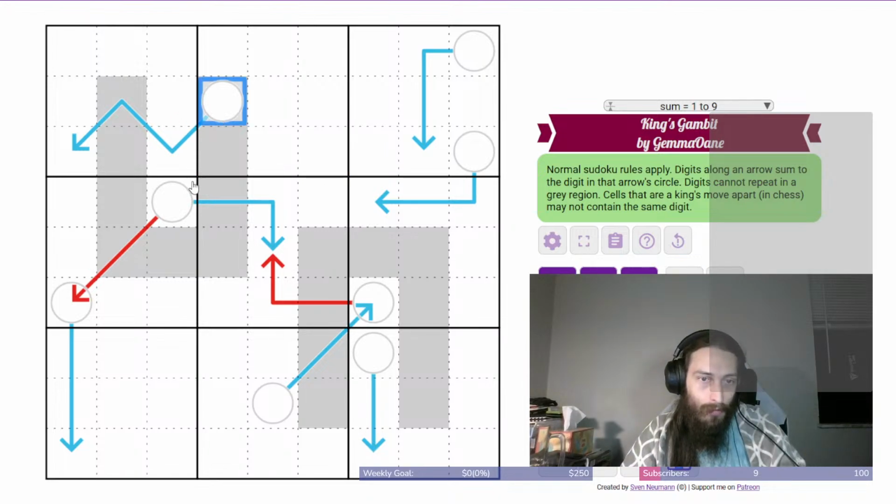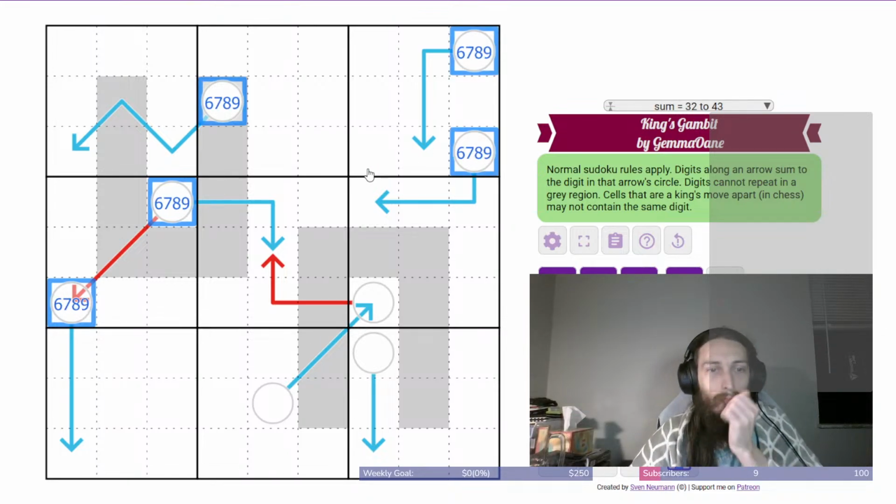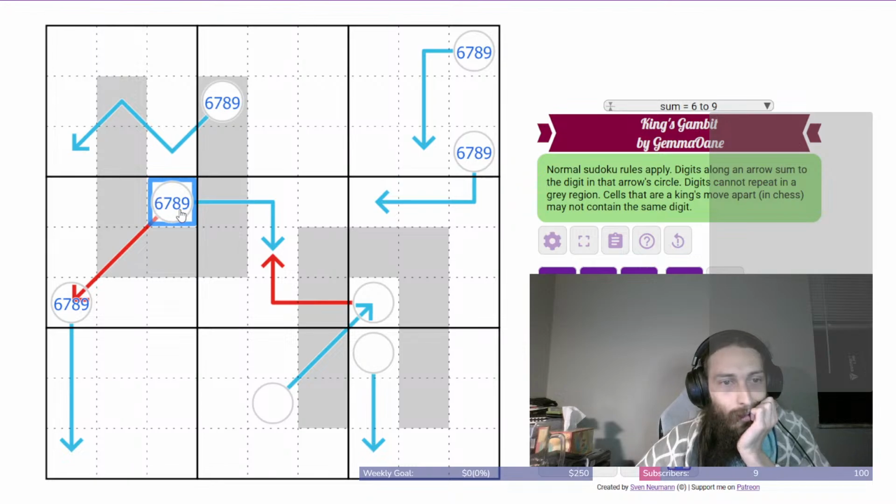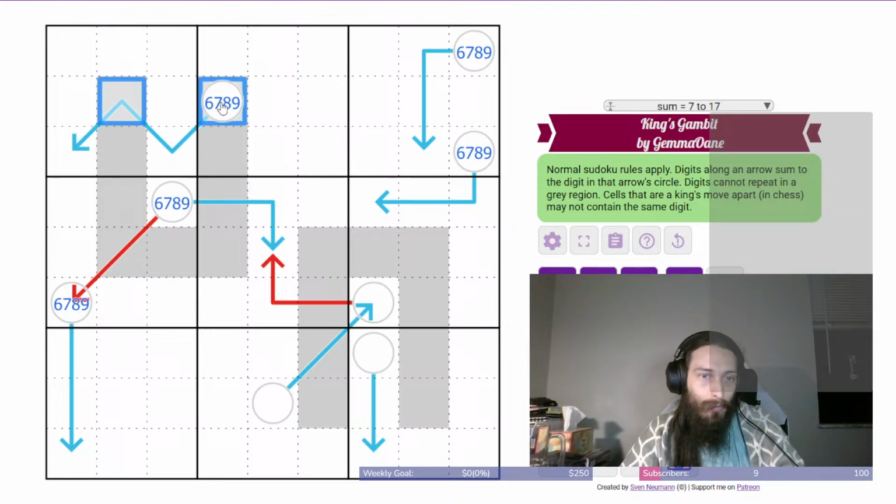Well, these all have 3 cells for their arrows, so 6, 7, 8, 9. And this cannot repeat in a king's move. So this digit in gray has to be one of those two. Now, this could be a 6, in which case that's a 6, but this can't be a 6 because this is on this arrow. So this is not a 6, so these two end up being the same.